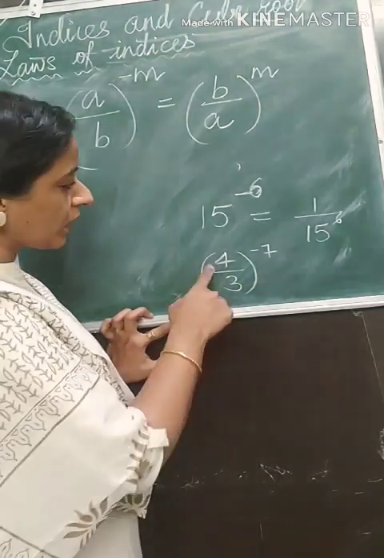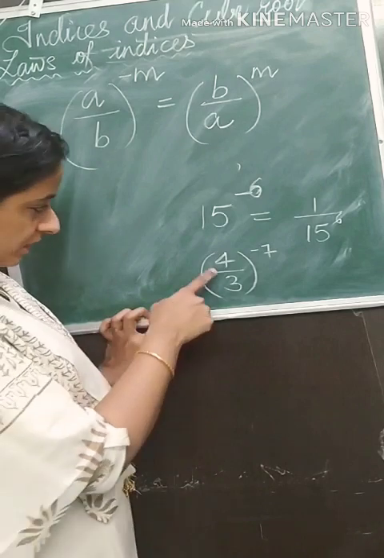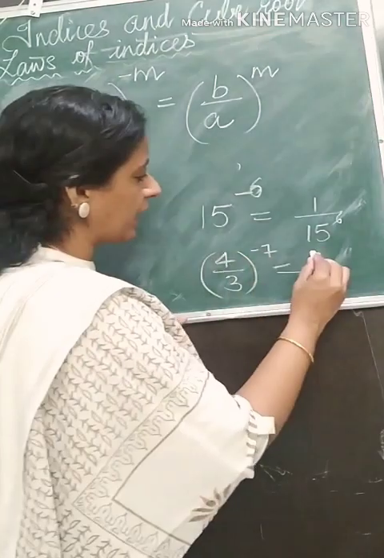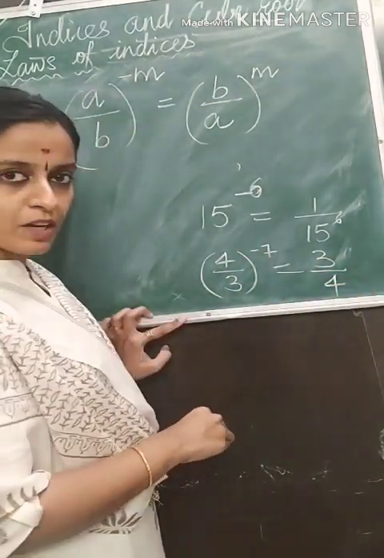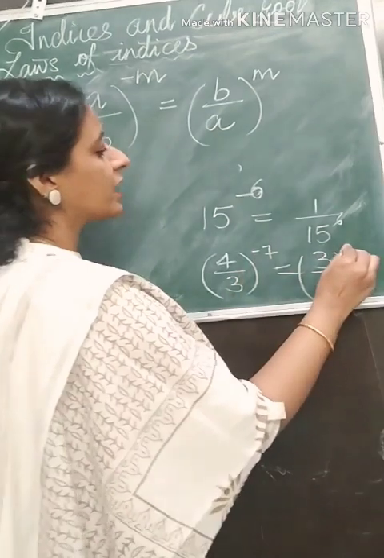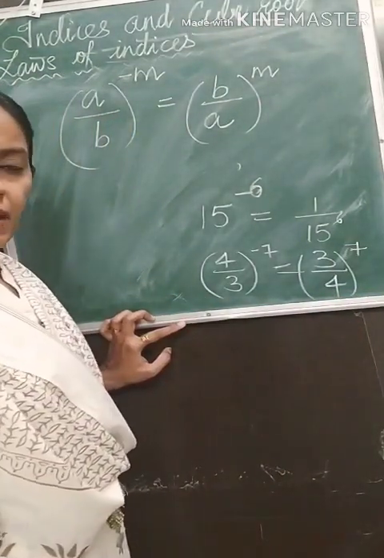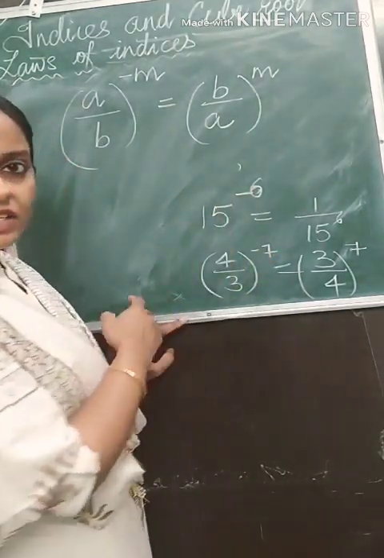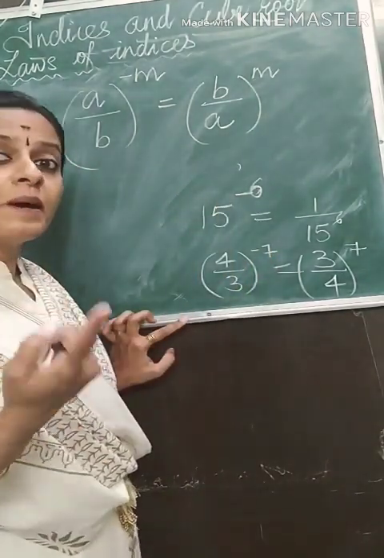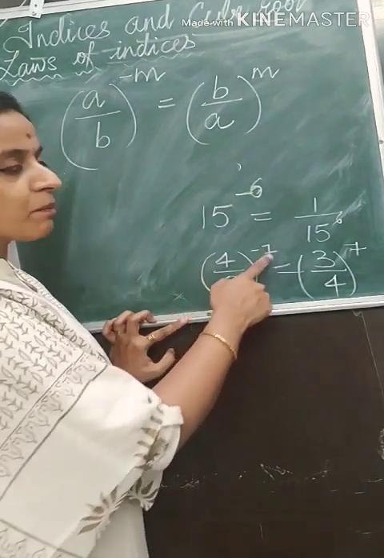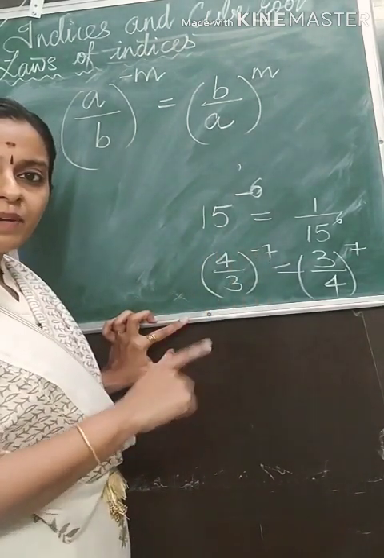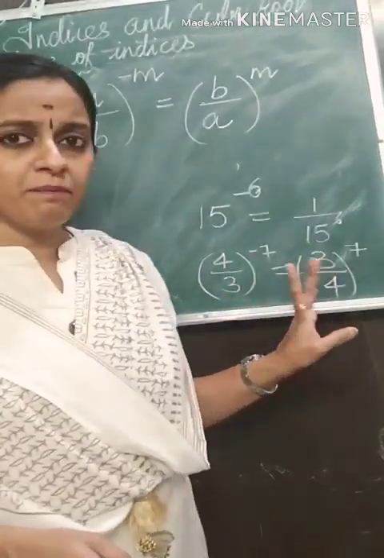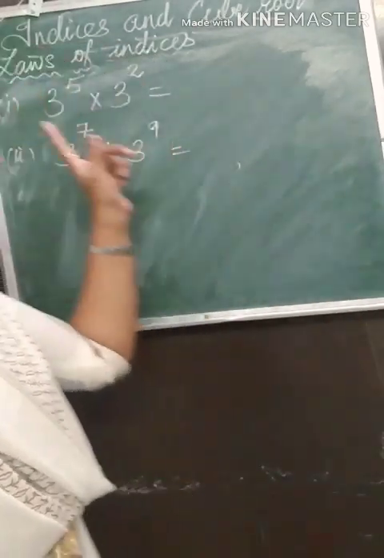Now denominator will become numerator and numerator will become denominator, and the minus index will become plus. Minus 7 will become plus. Just check once again. 15 raised to minus 6 will become 1 upon 15 raised to plus 6. 4 upon 3, the whole raised to minus 7, will become 3 upon 4, the whole raised to 7. Minus will become plus. Let us apply these laws of indices in these sums.